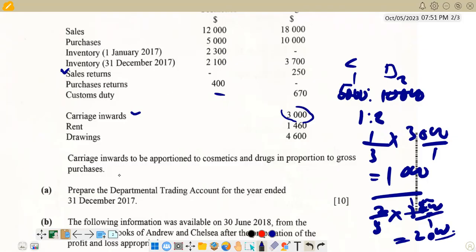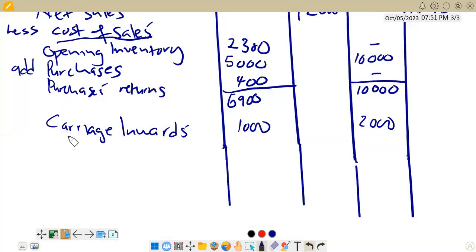So we put 670 for customs duty for drugs, and here we have nothing.